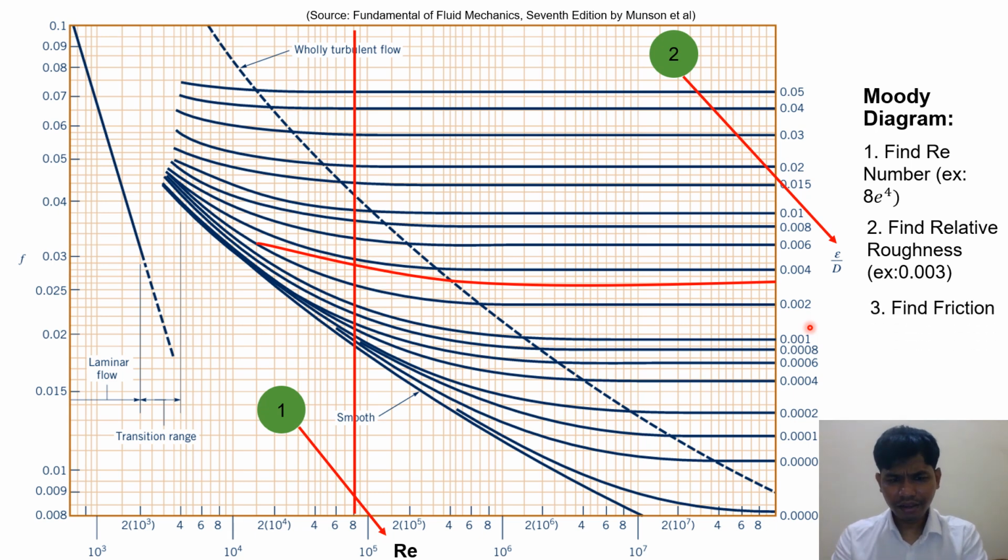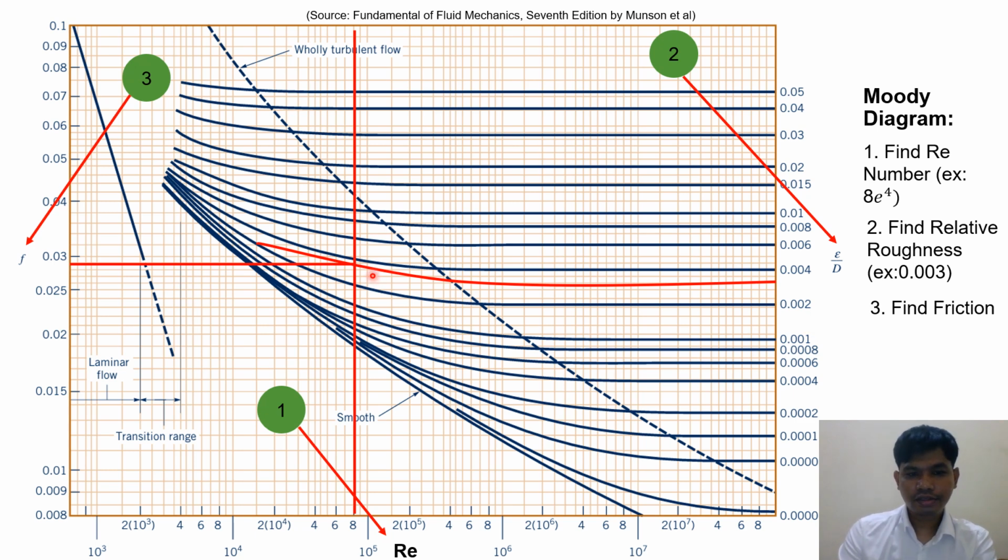And then the last thing that we need to do to find the friction factor. Okay, I will show you. Since you have drawn the line of the Reynolds number and the relative roughness, when these two lines meet, you need to draw the last line to the friction factor like this.